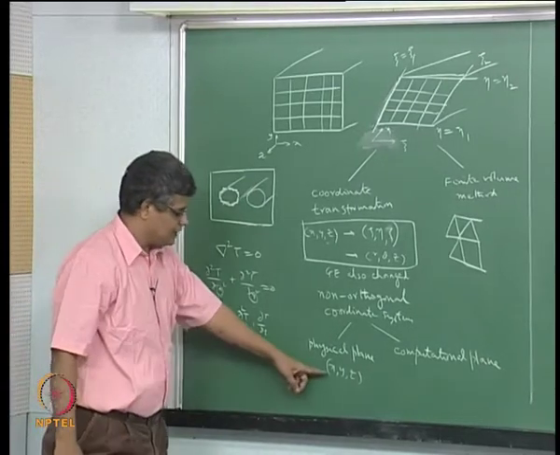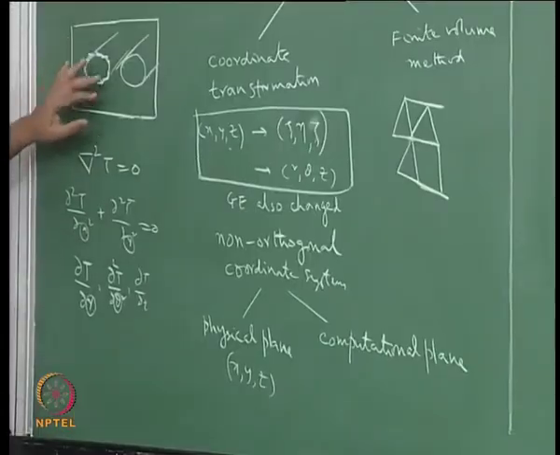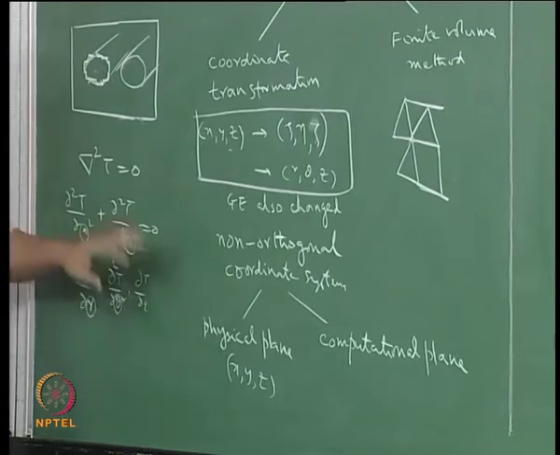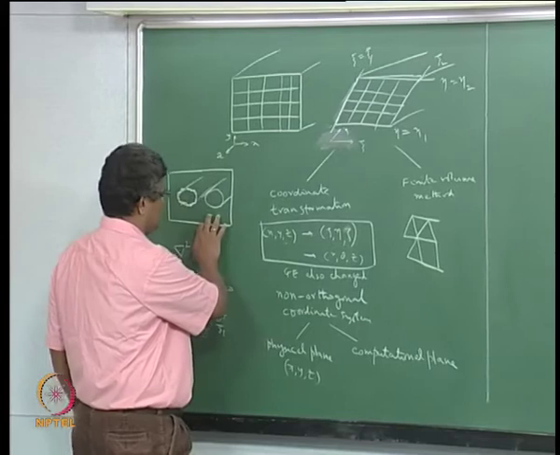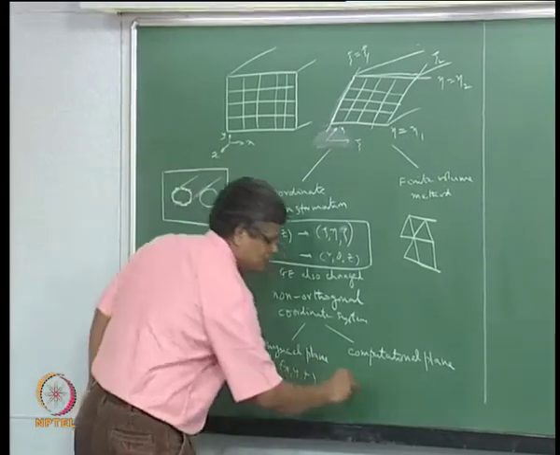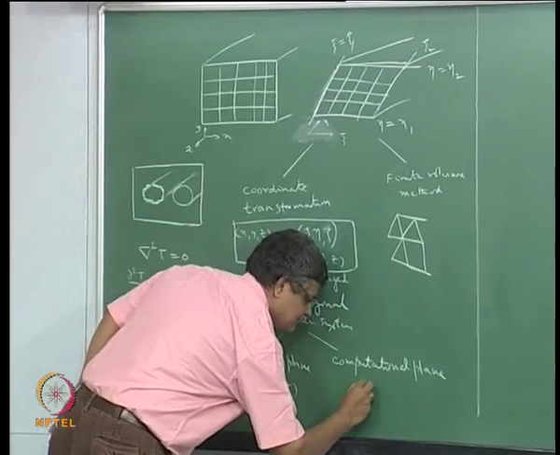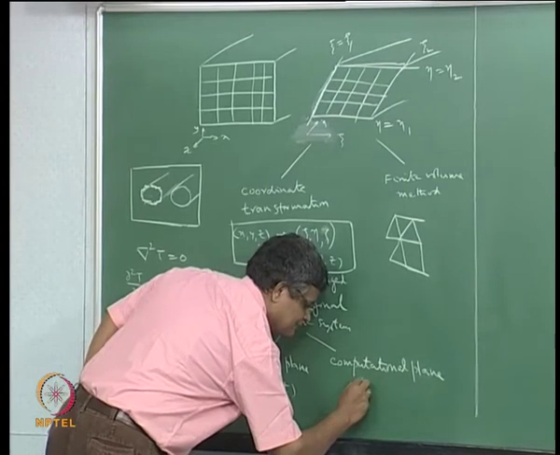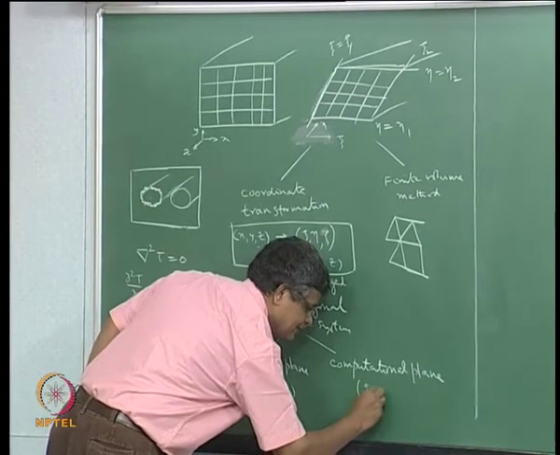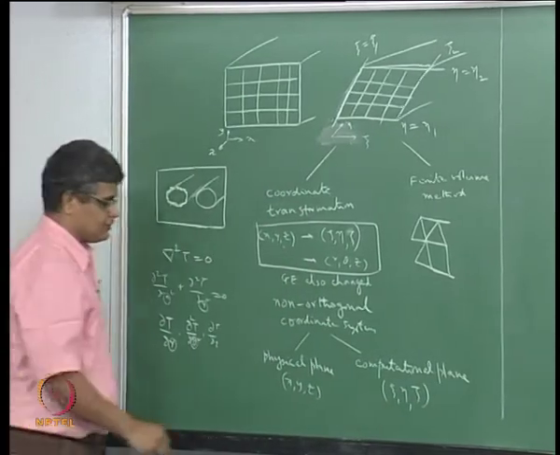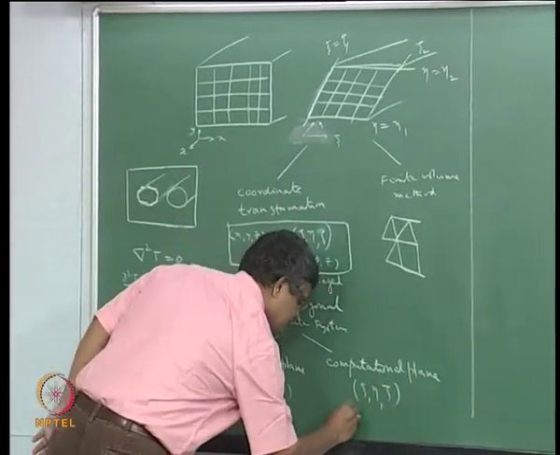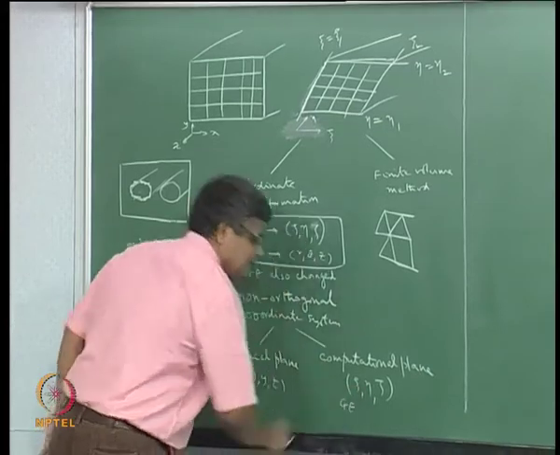So we have an identification of where we want to have the variables of interest, and we export them into the computational plane, which is described in terms of psi, eta, zeta, and we write the governing equations in this plane.